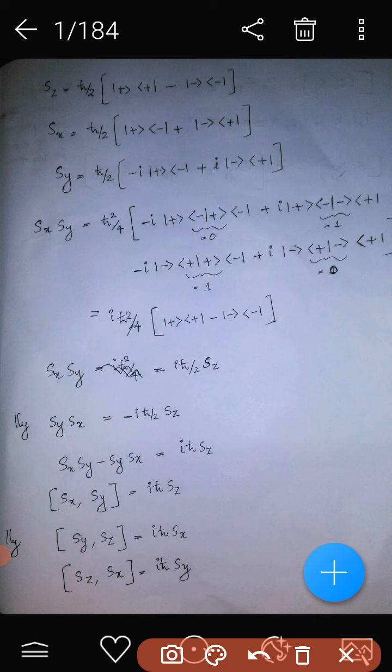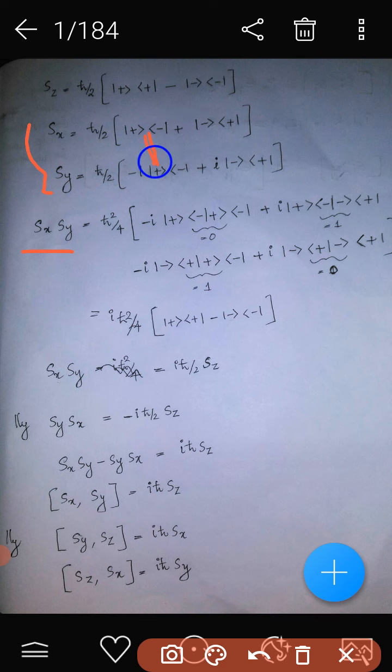Then we can find the commutation relation. First we consider Sx and Sy, and multiply these two. Then h cross by 2 into h cross by 2 gives h cross squared by 4. Here there are two terms and two terms, so a total of 4 terms.